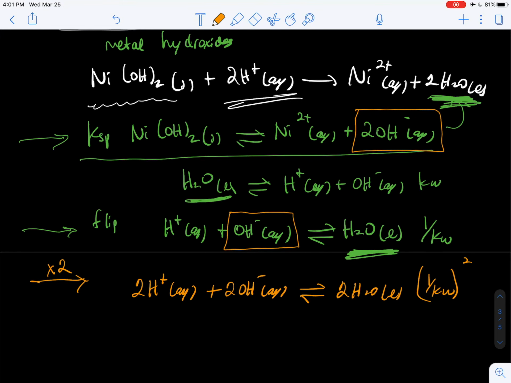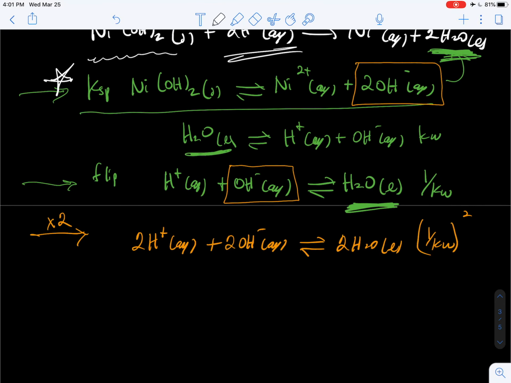Now I can take this, let's change back to white, I can take this starred equation, I'm sorry, not that one. We can take this KSP equation here in green and add this equation together to get the net.